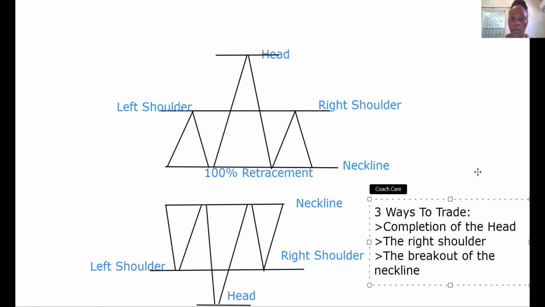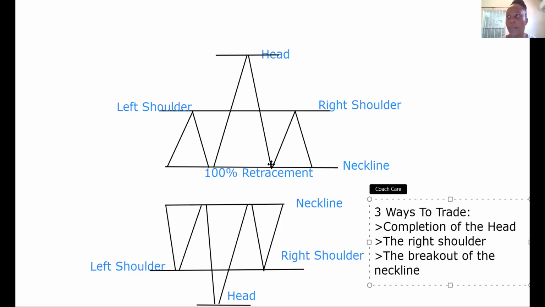So the completion of the head, usually persons that are more advanced or understand the head and shoulder pattern, understand major reversal zones and support and resistance zones, tend to trade the completion of the head.